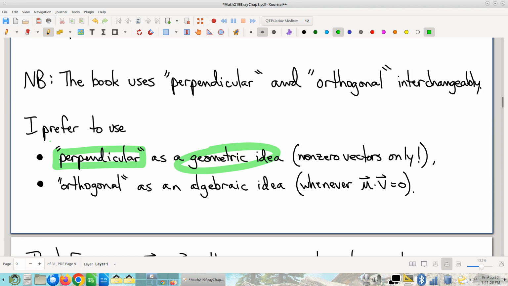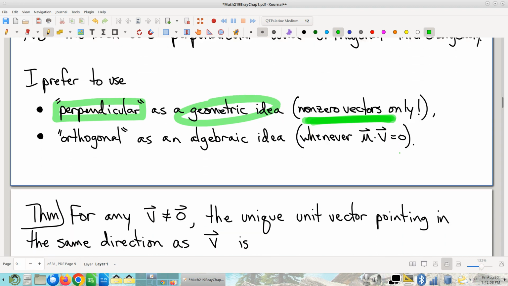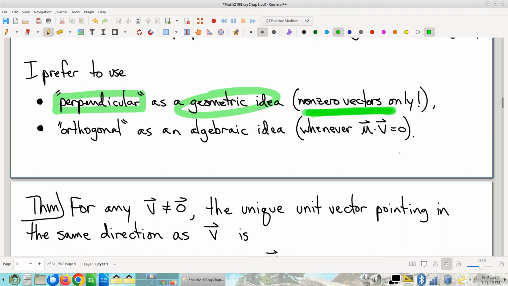So this is a geometric idea, and it only makes sense for non-zero vectors, right? What direction does the zero vector point? It doesn't really point in a direction, right? So it just makes no sense to talk about the zero vector as being perpendicular to something. It's nonsense.